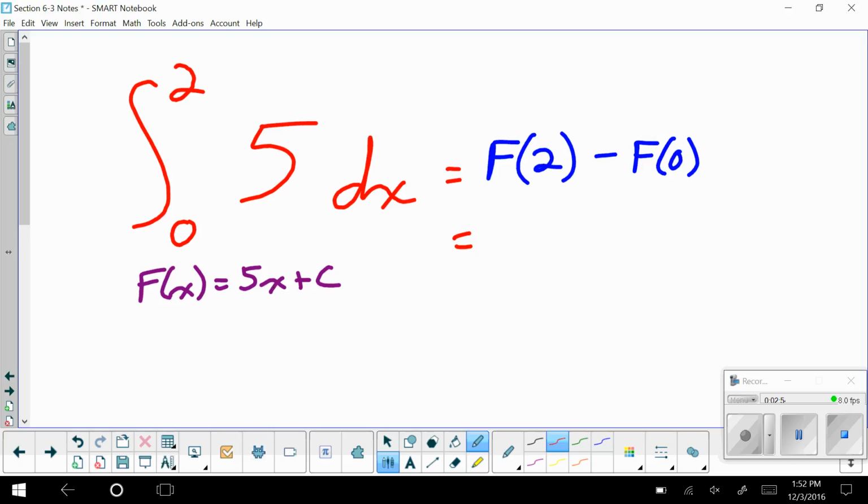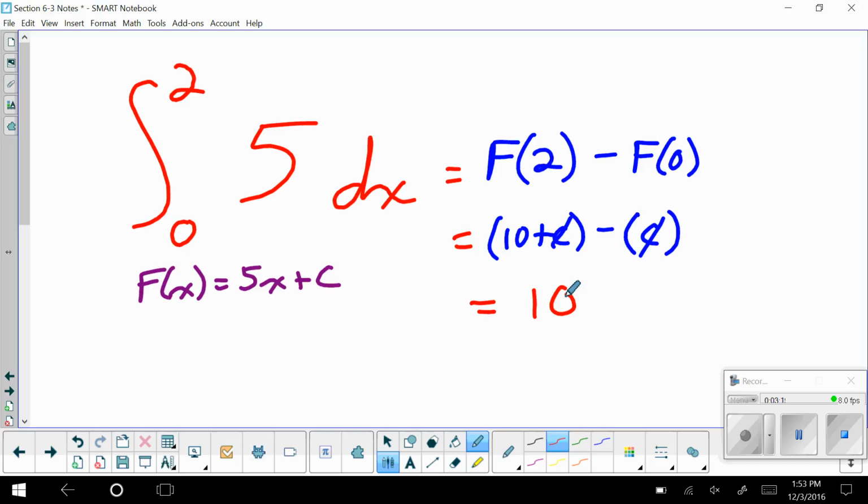So when I plug in 2, I get 10 plus c. When I plug in 0, I just get c. And when I subtract those, the c's end up canceling. And what I'm left with is 10. And that is our actual definite integral value.